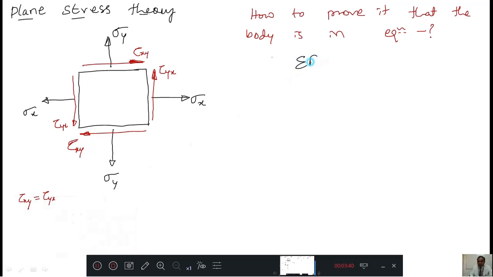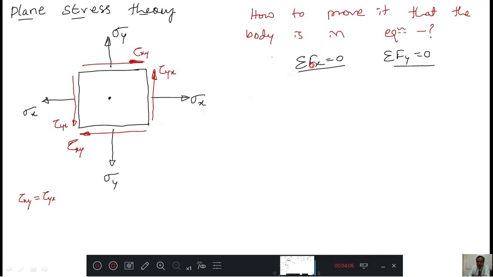Then what about z? Not required. Summation of moments Mz is also not required because this is considered as one point and all forces are acting at a point. Therefore, it is enough to consider sigma Fx equal to 0 and sigma Fy equal to 0. If these two are proved, then the body is in equilibrium.